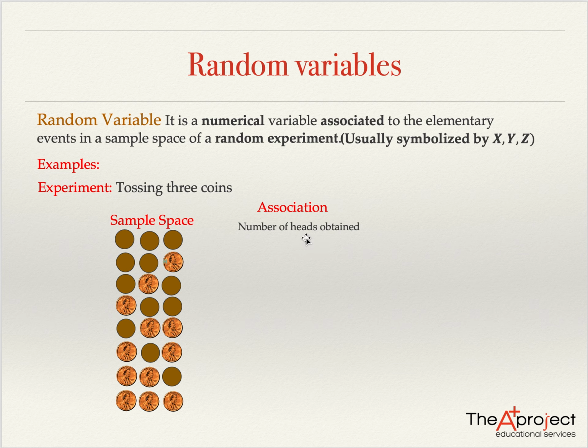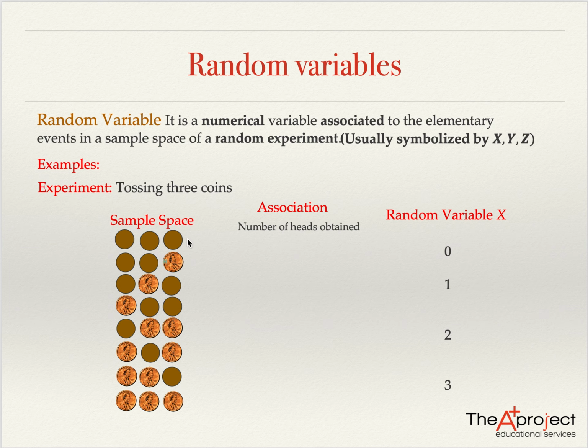If we do this association, associating a number to each of these outcomes, we have obtained a variable, and it will be a random variable. So the random variable will have these possible values, 0, 1, 2, and 3, and 3 is the maximum number that we can assign, because it will be assigned to the outcome when we have obtained 3 heads.